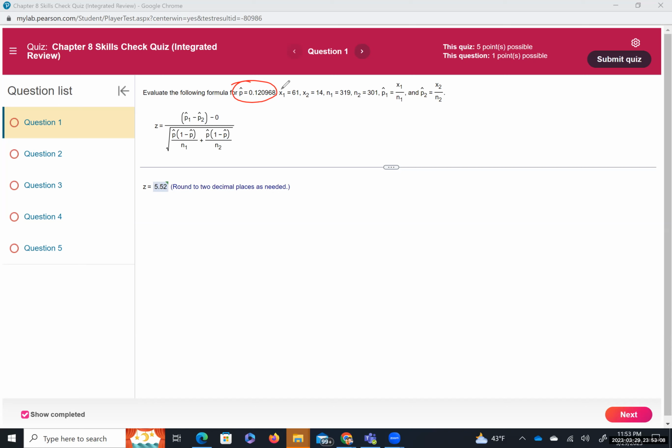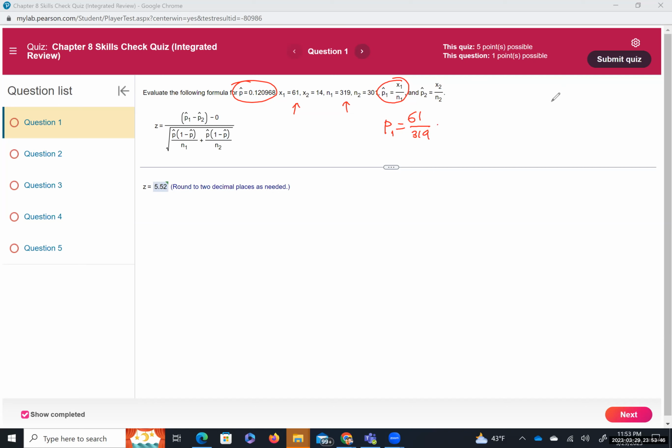For the proportion number 1, to find proportion number 1, you will have to use the formula p1 hat equal to x1 divided by n1. p1 hat you can find by substituting x1, which is 61, divided by n1, which is 319, right?